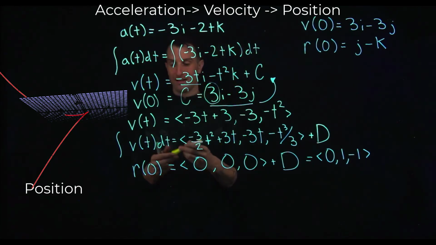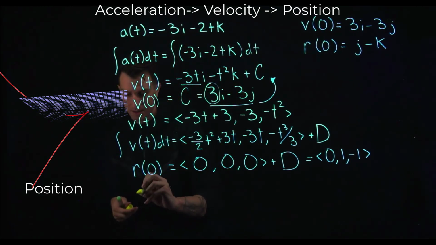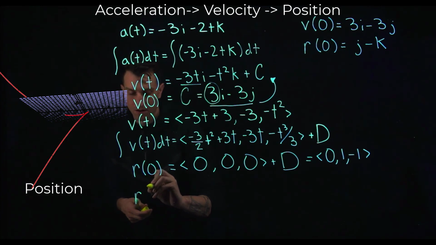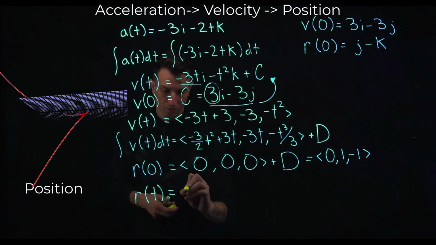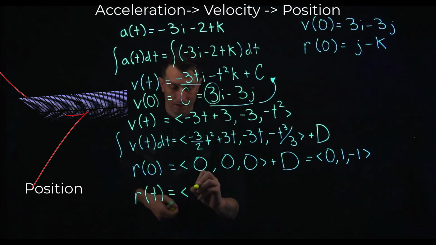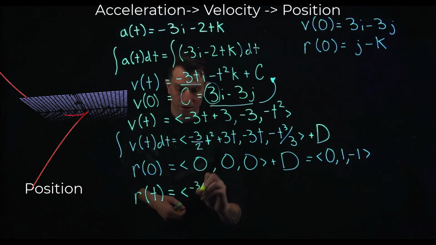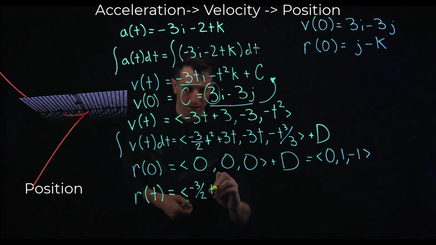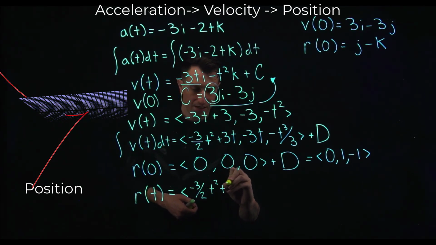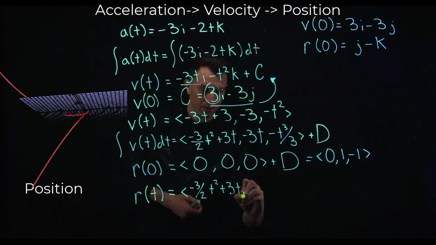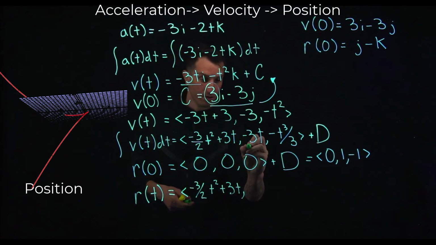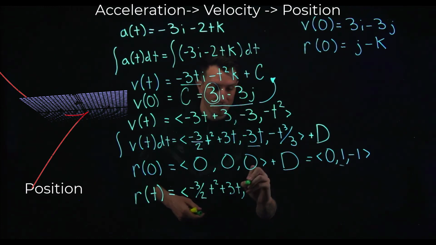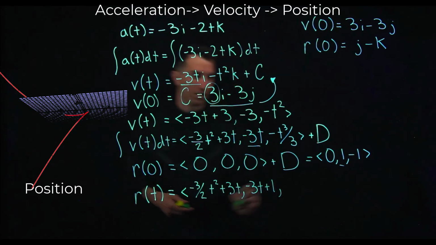And so our final answer for r of t is going to be r of t is equal to, we have negative 3 over 2 t squared plus 3t. This is done, right? Comma. Next, we have negative 3t from here, and we have a positive 1 here, so negative 3t plus 1, comma.